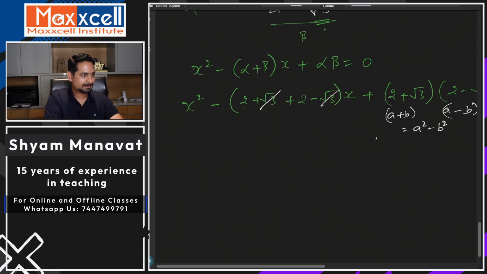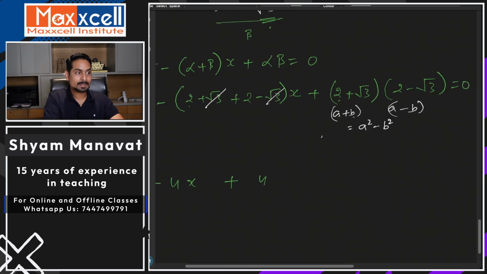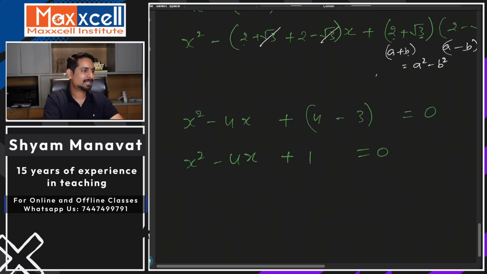So this is x square minus 4x plus, what is a here? 2. 2 square is 4. What is b here? Root 3. So root 3 square is 3. What you get at the end is x square minus 4x plus 1 equals 0. And this is your answer.